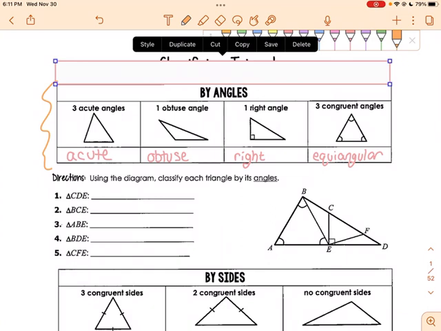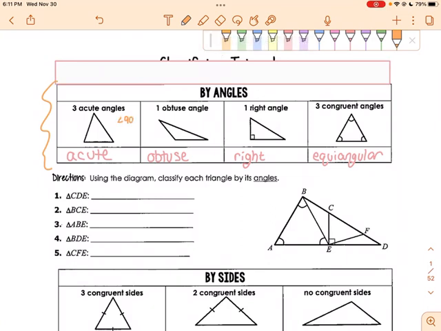Alright, so if we have a triangle with 3 acute angles, acute meaning less than 90 degrees, then we just call the triangle acute. If any of the angles are obtuse or greater than 90 degrees, like for example, this one here is greater than 90, you call that an obtuse triangle.